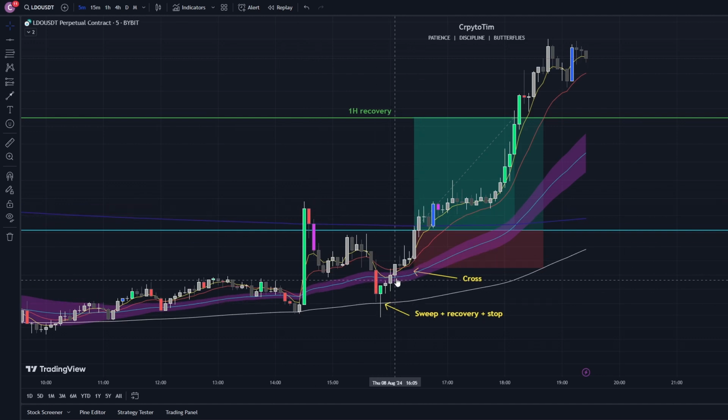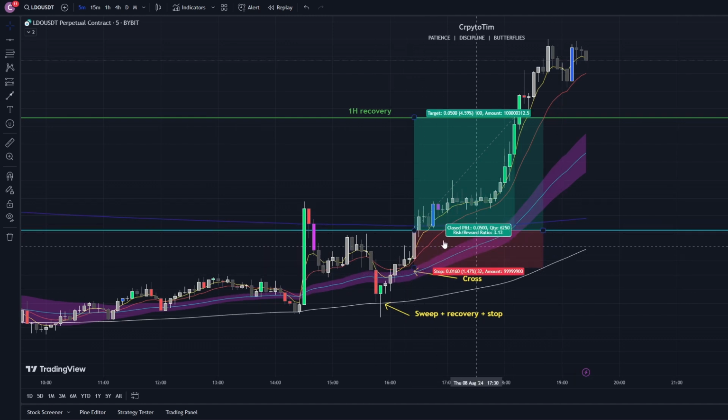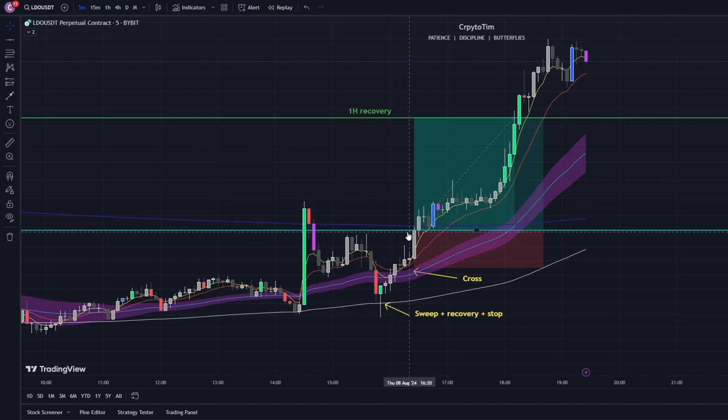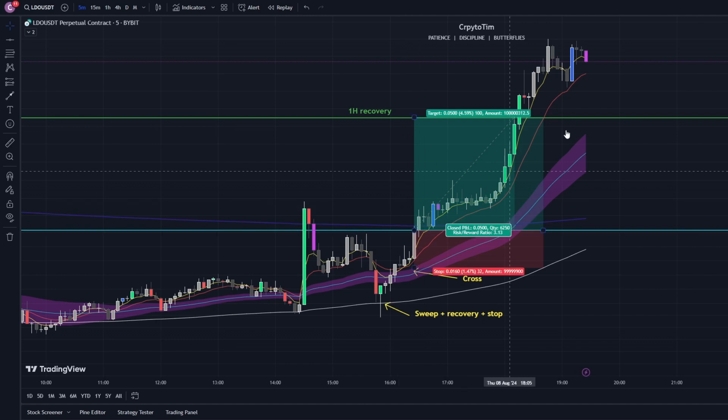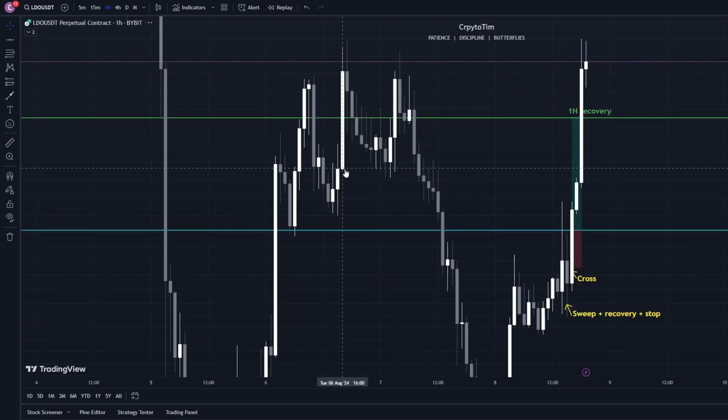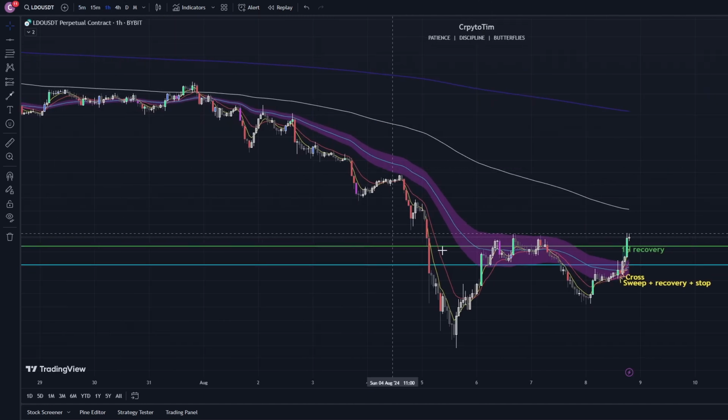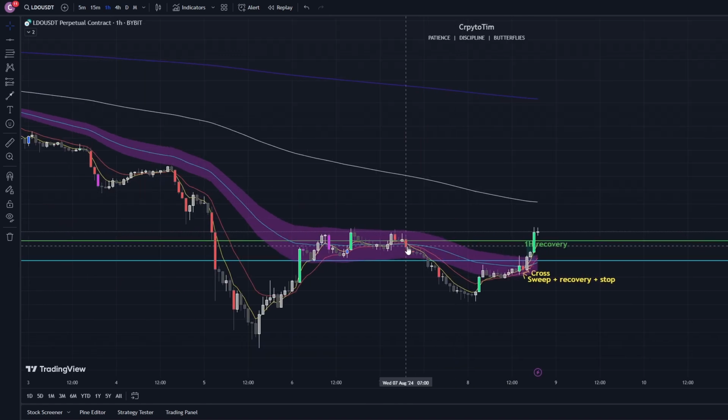So we have our 5 and 13 EMA cross over here, stop loss again below our EMA cross, entry when I came to the chart, just the market order entry, jumping in, and we are targeting on the 1 hour time frame the full recovery of this vector candle over here.